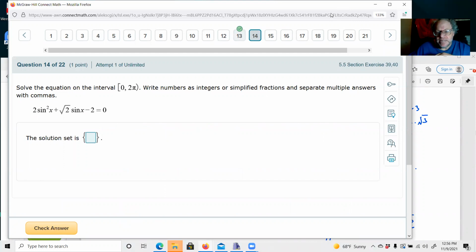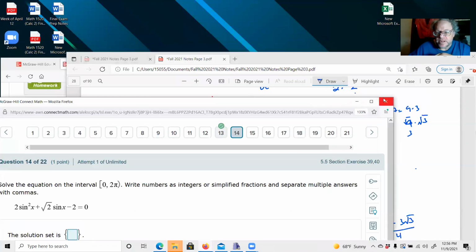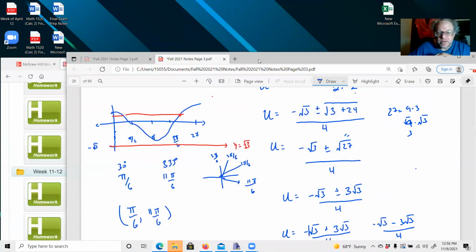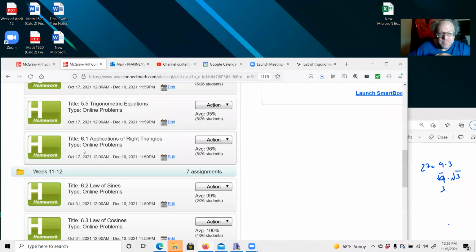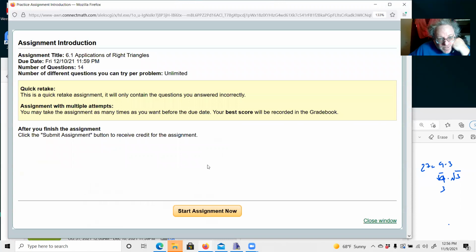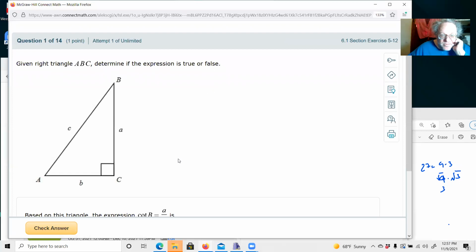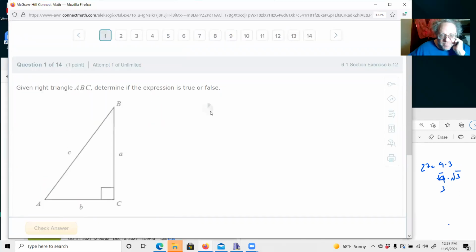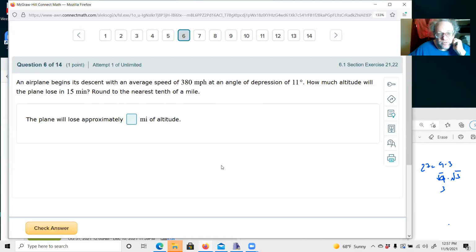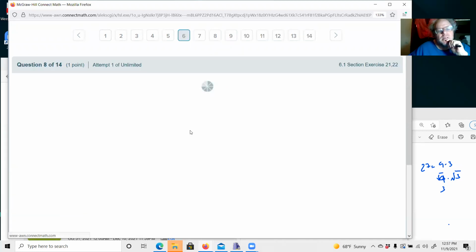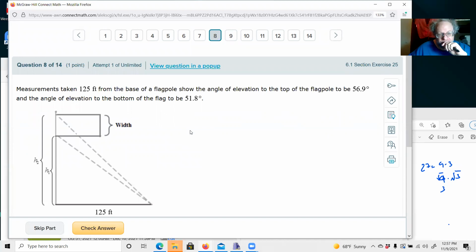The next problem we have is going to be for 6.1. It's going to be a word problem. Preview. Start assignment. Now, my face-to-face class found these problems to be pretty straightforward as far as what's going on here.